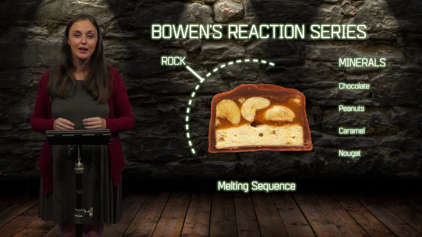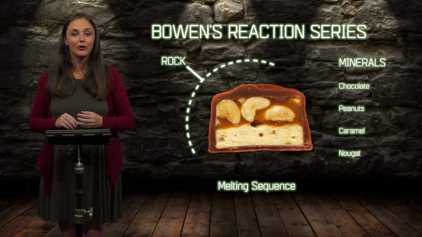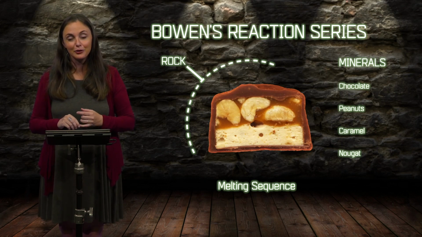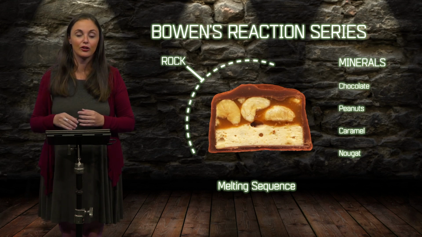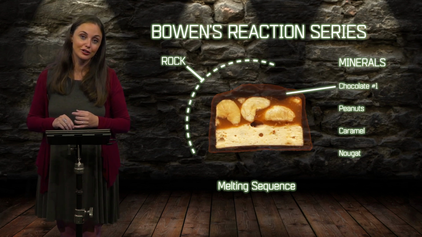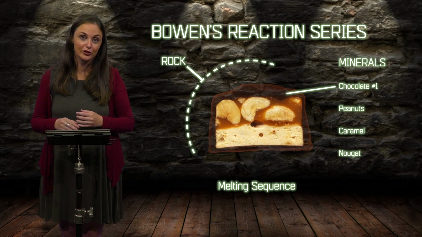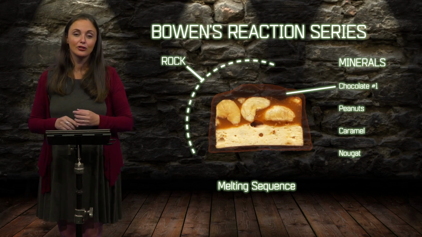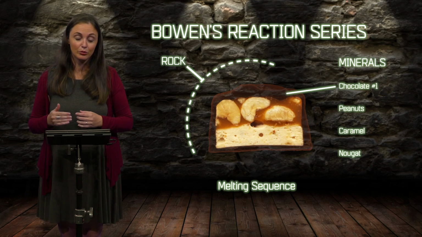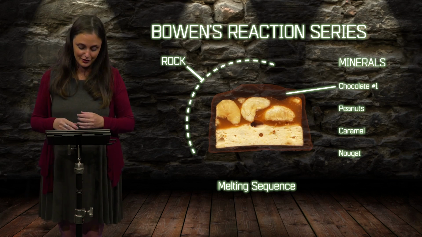What happens? The first thing that is inevitably going to melt, the easiest thing to melt given lower overall temperatures, would definitely be the chocolate. Chocolate's going to melt at the lowest overall temperature. It's going to melt first. So in our melting sequence, we're going to put that one first. First is chocolate.